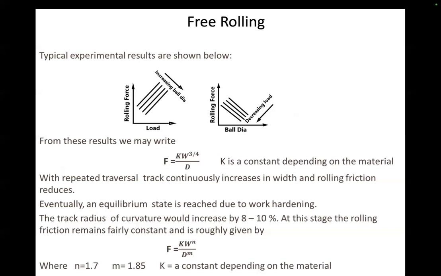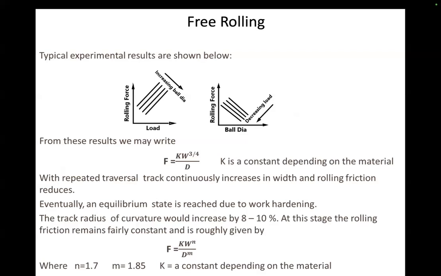Then we can represent the above equation in the following form, where F is equal to K times W to the power N divided by capital D to the power M. N has been experimentally found to be 1.7 and M to be 1.85.